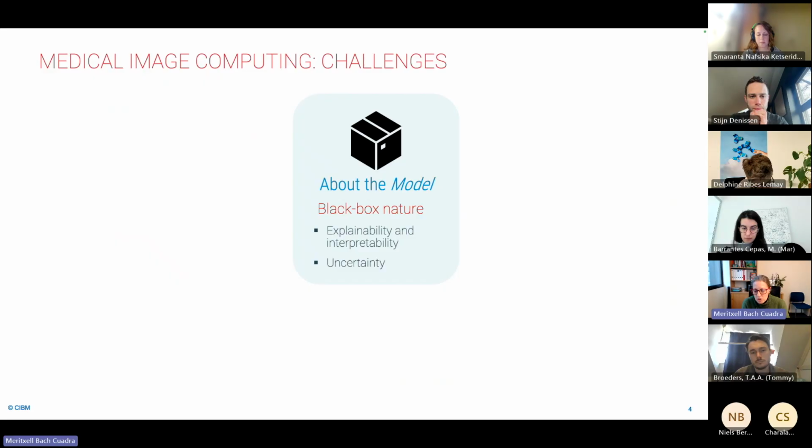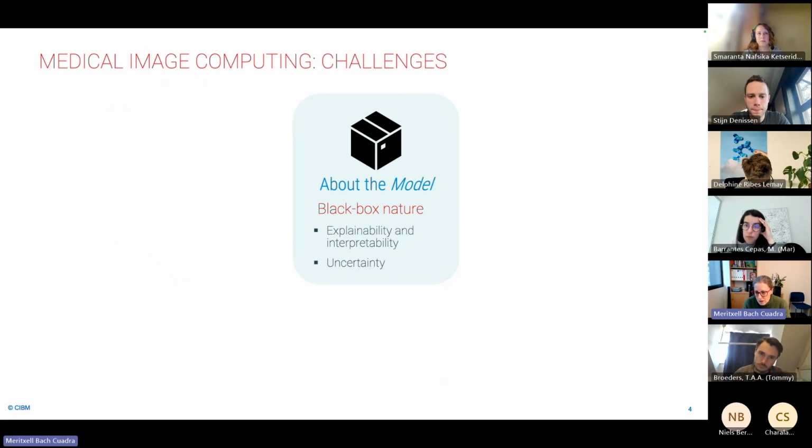In this complexity, we have more black boxes. So it's about the model. We need to unlock the contents of this black box now and add some layers of explainability and uncertainty, which I will be talking about today.